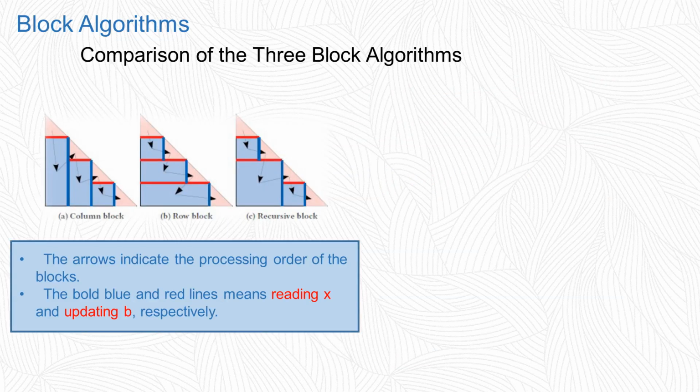So the three block algorithms execute the same number of SpTRSV and SpMV kernels and possess the same number of non-zero entries. The performance of them can be different. The bold blue and red lines mean reading x and updating b respectively.